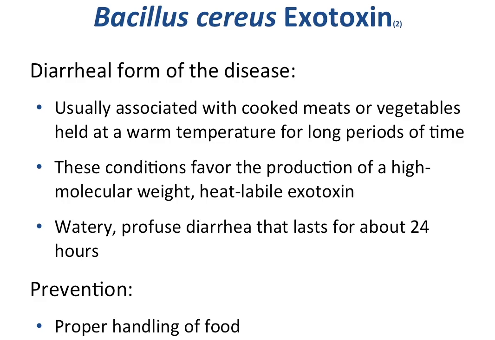The symptom is watery diarrhea, which can last for 24 hours. For prevention, there is proper handling of food. The best way is to keep the food in the refrigerator and cook the food thoroughly.